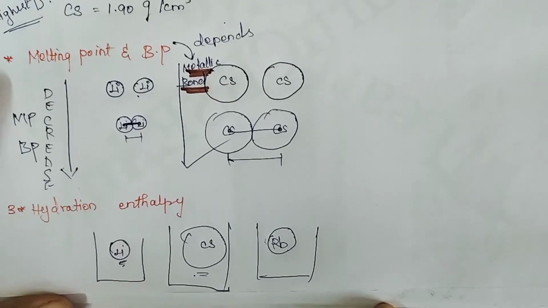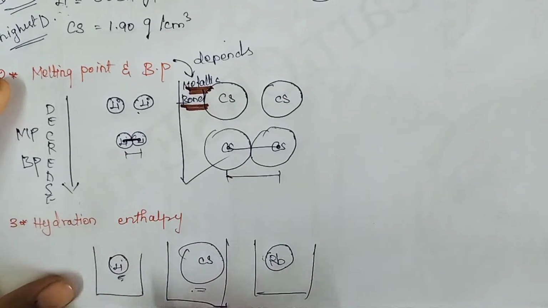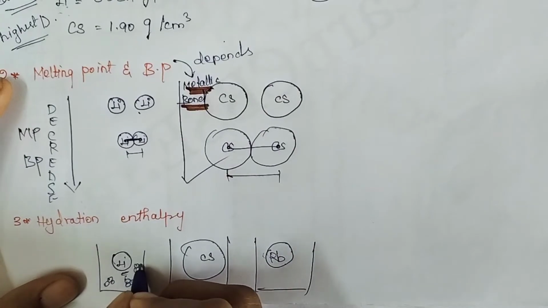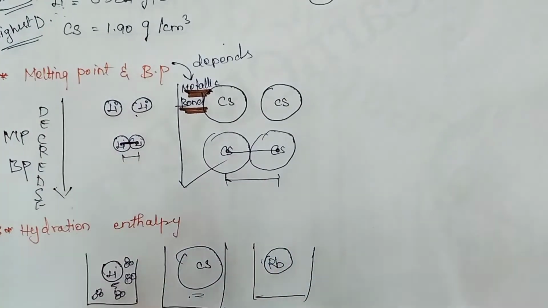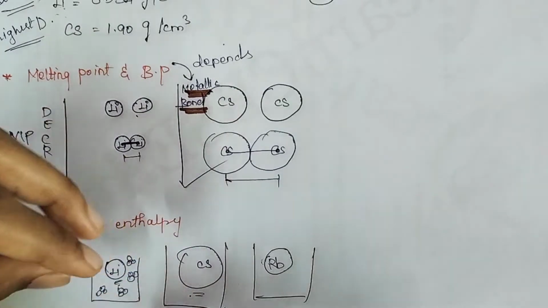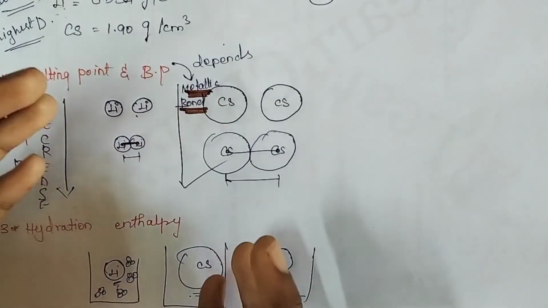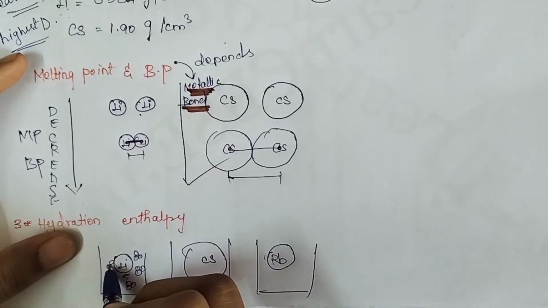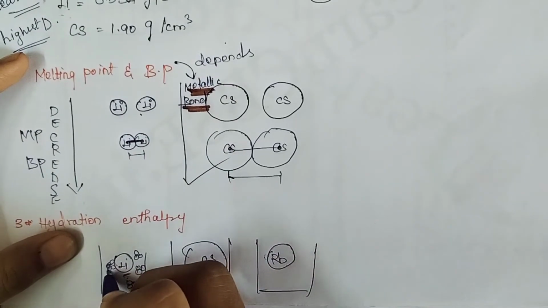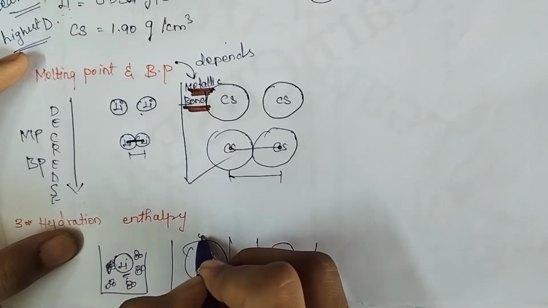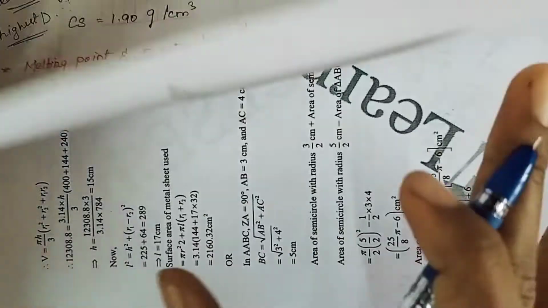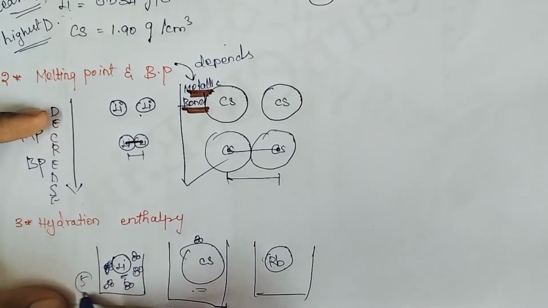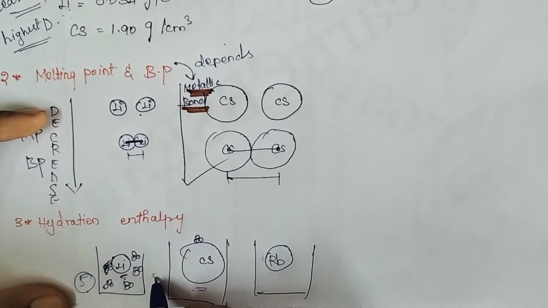As the size decreases, the water molecules can accumulate in large numbers over them. Like here, in cesium, if you take the same amount, I am taking here 1, 2, 3, 4, 5 molecules of water. Here also 5 molecules of water.